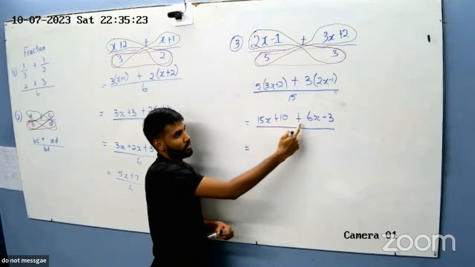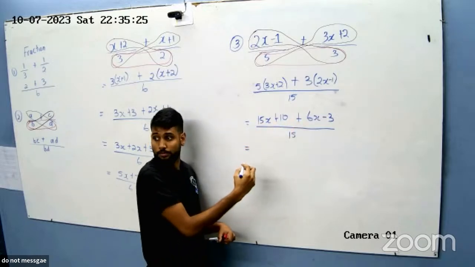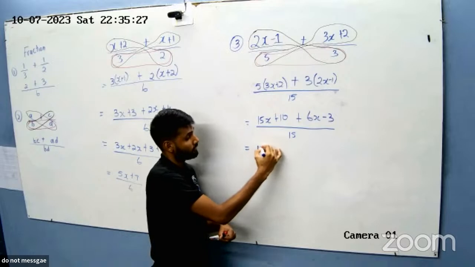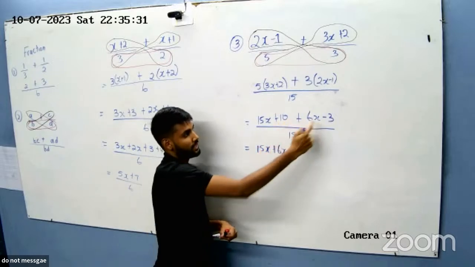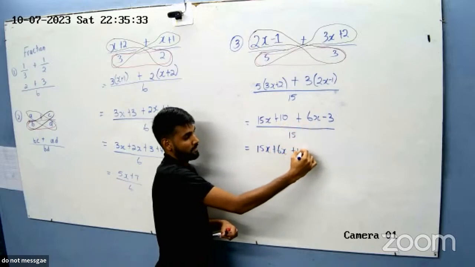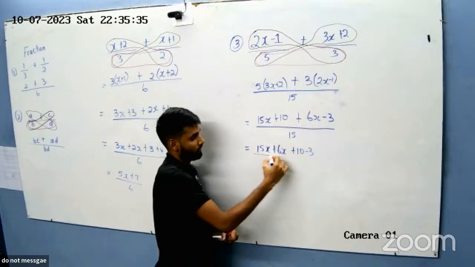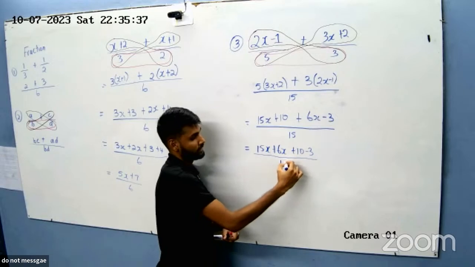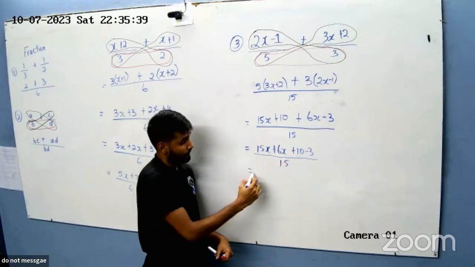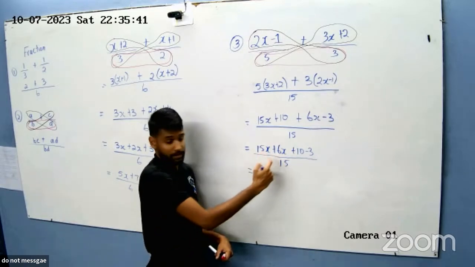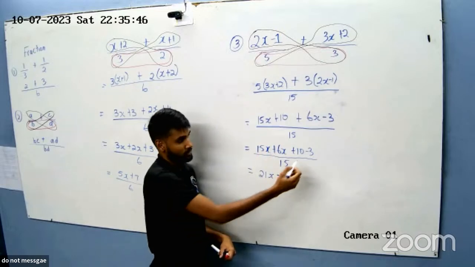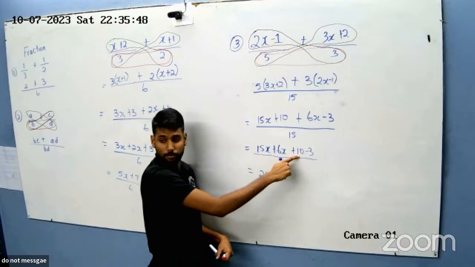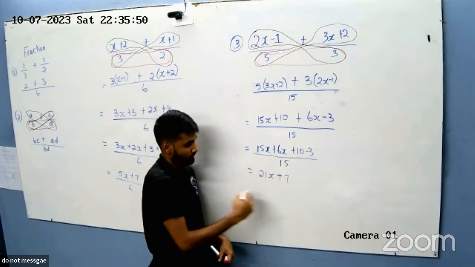We add all the common terms together. 15x plus 6x, the 10 and the 3. Yeah, we add them to 21x. Minus 3 plus 10, 7. So we have 15 as the denominator.